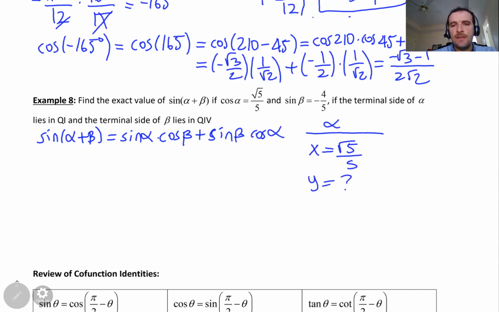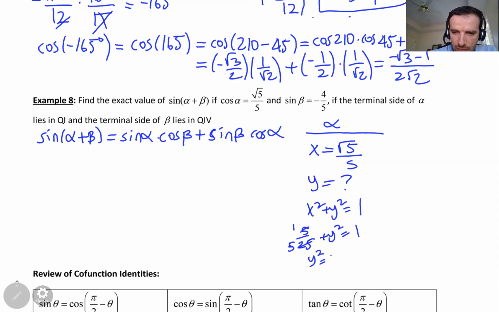I don't know y, but between x and y, x squared plus y squared is equal to r squared, which in the unit circle is 1. x squared is root 5 over 5 squared, which is 5 over 25. So 5 over 25 plus y squared is equal to 1. And I can simplify this 5 over 25: it's 1 over 5.